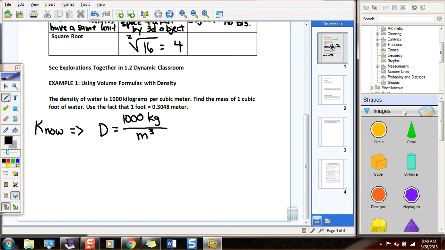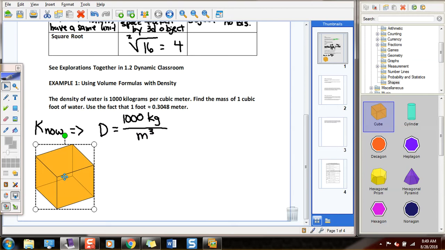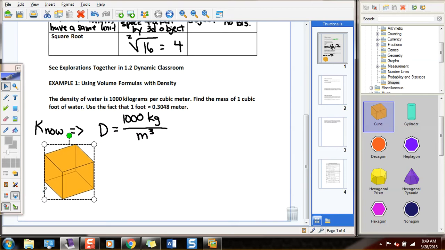One cubic foot of water. Okay, so I'm going to put a cube up here quickly. Okay, do you like my cube? Is it okay? It looks a little weird up here to me for some reason. Okay, but that's what it is. There's my cube, all right?